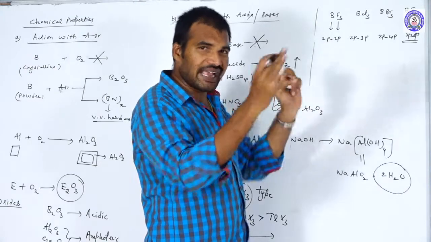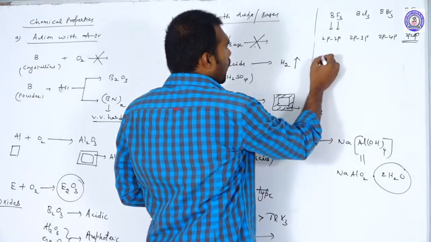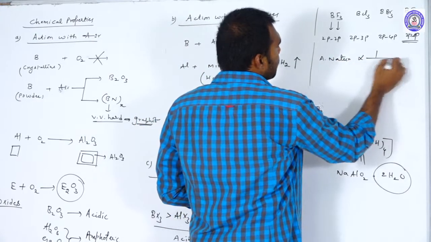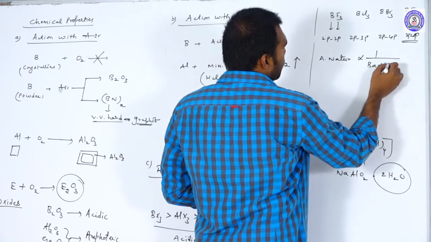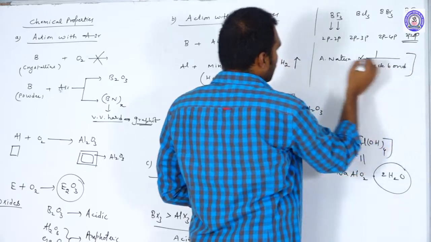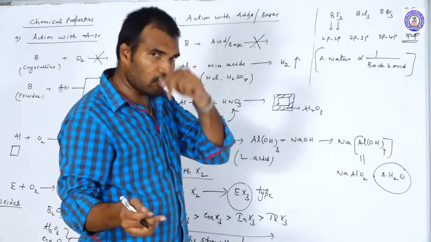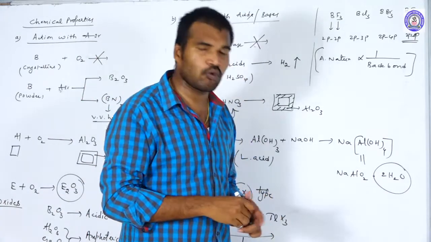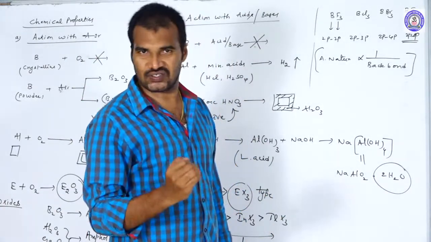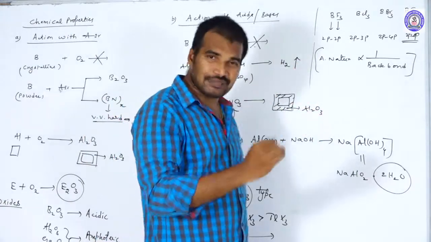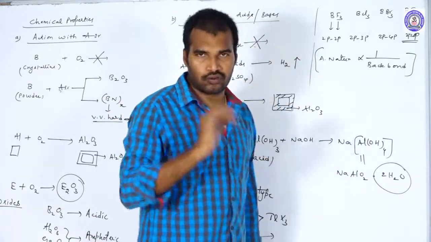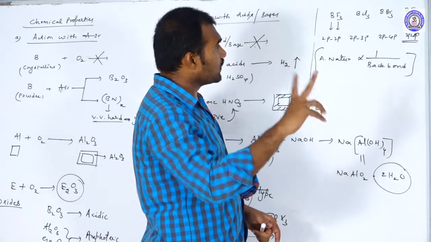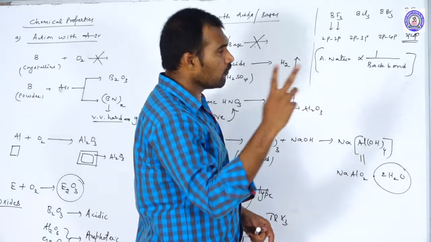What is the relation between acidic nature and back bonding? Acidic strength is inversely proportional to back bonding. The compound with more back bonding has less acidic strength. The compound with less back bonding has more acidic strength. Now, 2p-2p overlapping is more than 2p-3p, 2p-4p and 2p-5p.